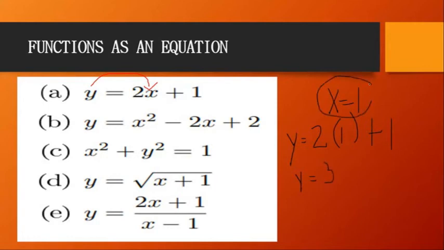Meron tayong nag-iisang x, meron tayong nag-iisang value ng y. At wala nang ibang magiging sagot sa y bukod sa 3. Okay? Hindi pwedeng lower or greater than 3. That is why 'yung letter A natin is a function. Kasi 'yung x natin, meron siyang nag-iisang value ng y.